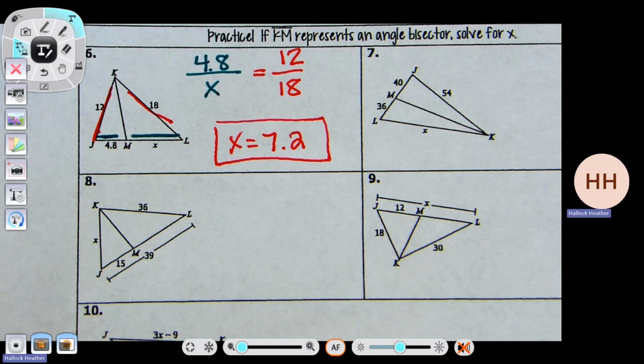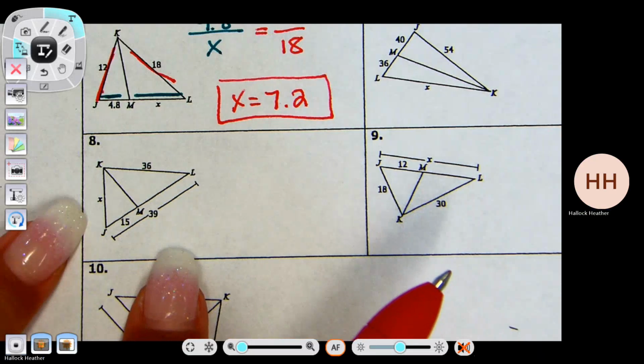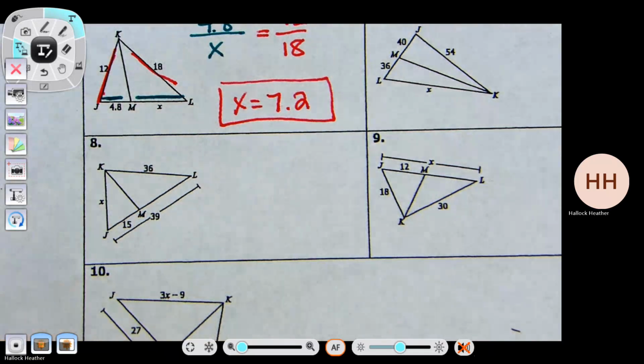That lunchbox is somebody's lunchbox. I don't know whose, it's been here since Friday.